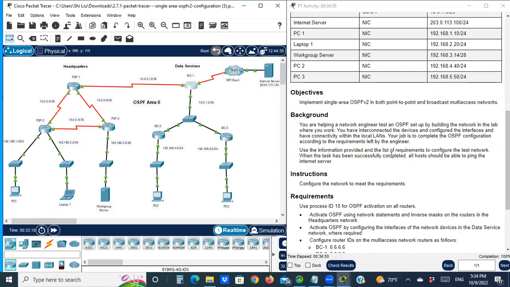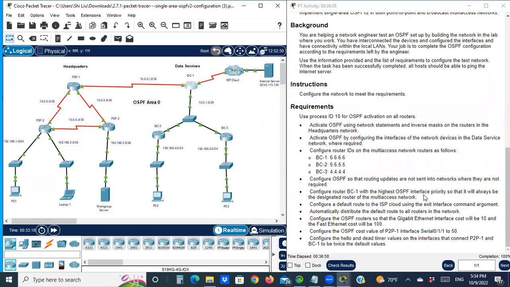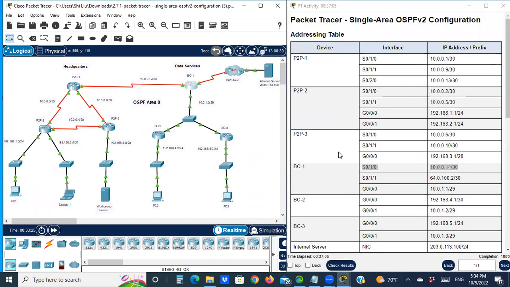I will not do this ping here, and you can do the ping yourself because we don't want to spend the time. It's very, very easy to do. So we're done with this package of the single-area OSPFv2 configuration.